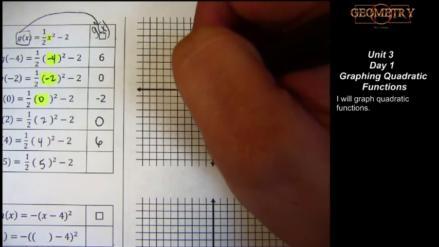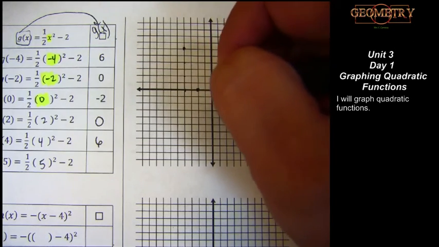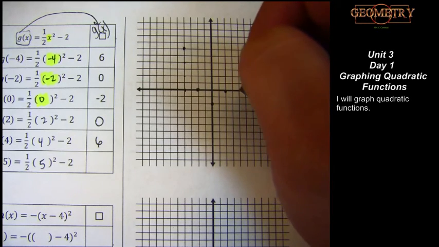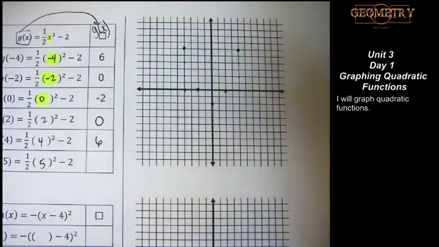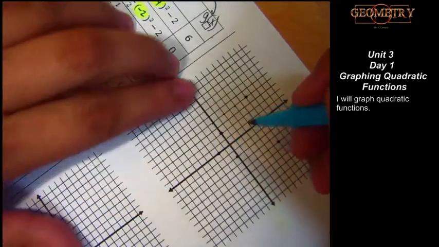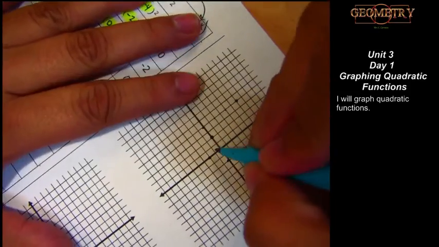Negative 2, 0. 0, negative 2. Okay, I have my points, and now let's see if I can do this better than the first time. I'm all nervous now.